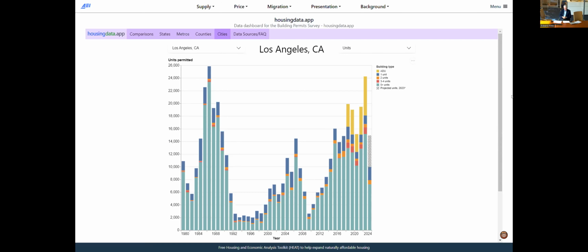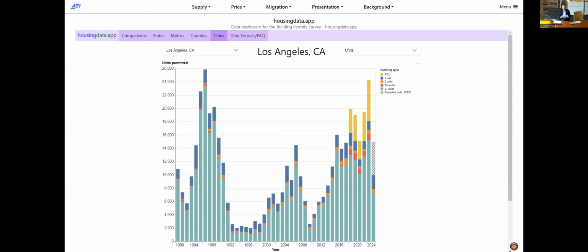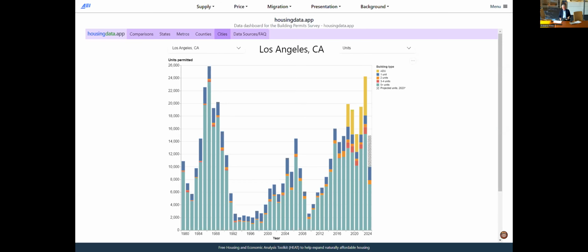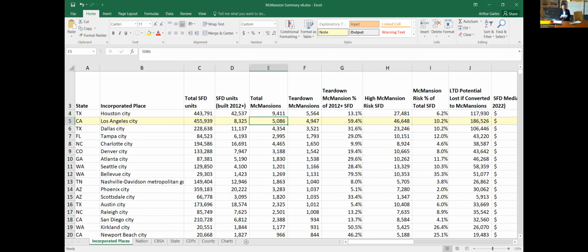We're now going to shift to a topic we've touched on a number of times, which is McMansionization. And so we've looked at this city by city, we've identified property by property, and what we have found is that about 8,000 single-family detached units that we can track were built since 2012.